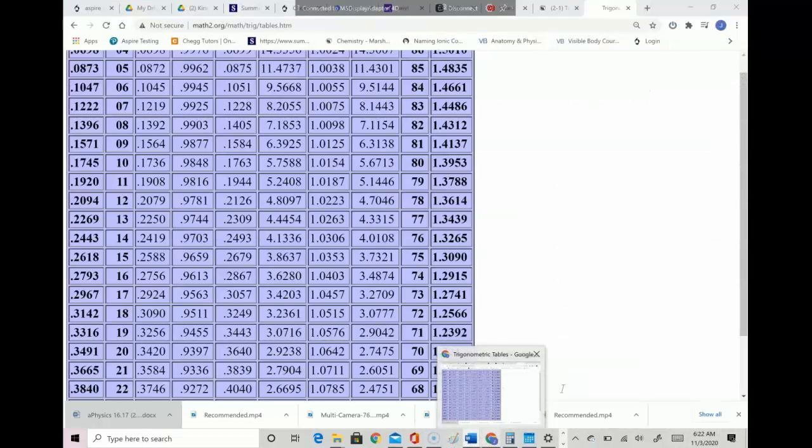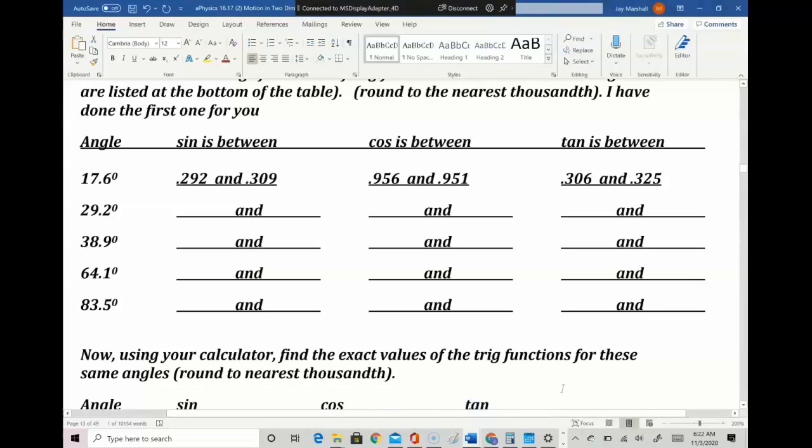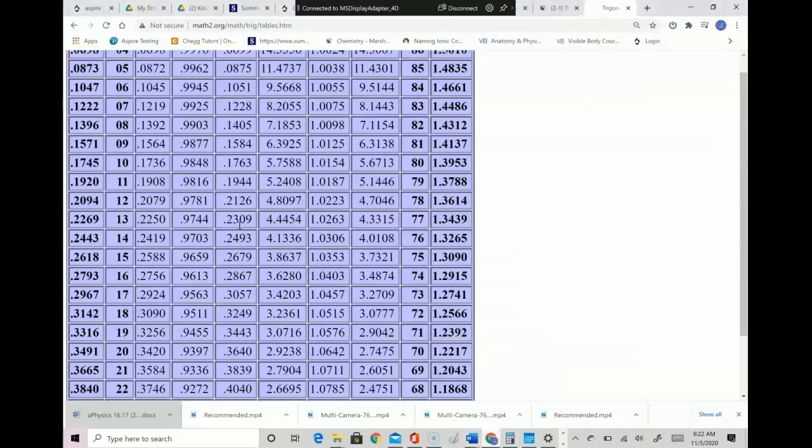Okay, so if I want to find the rest of these values, let's just do those real quick. I'm actually going to grab a trig table rather than going back and forth. The next angle is 29.2.